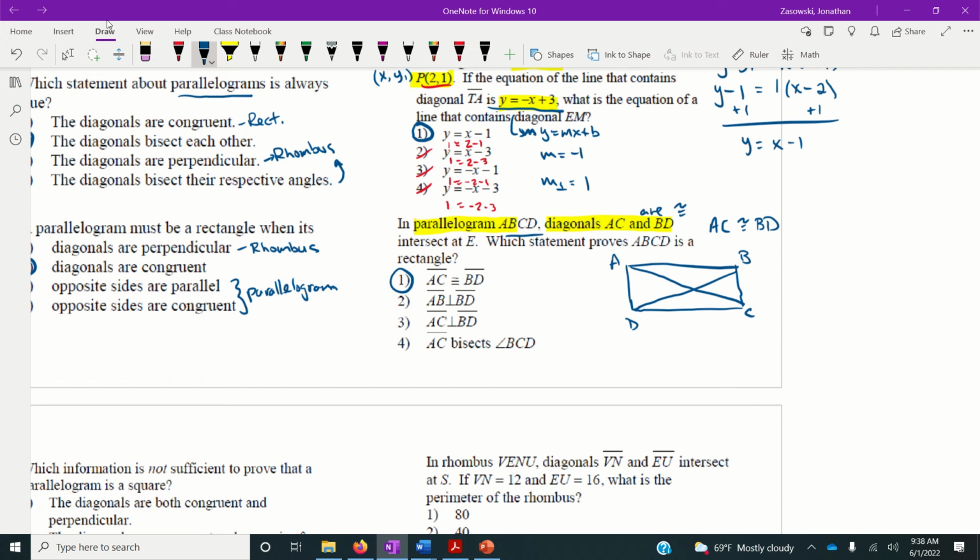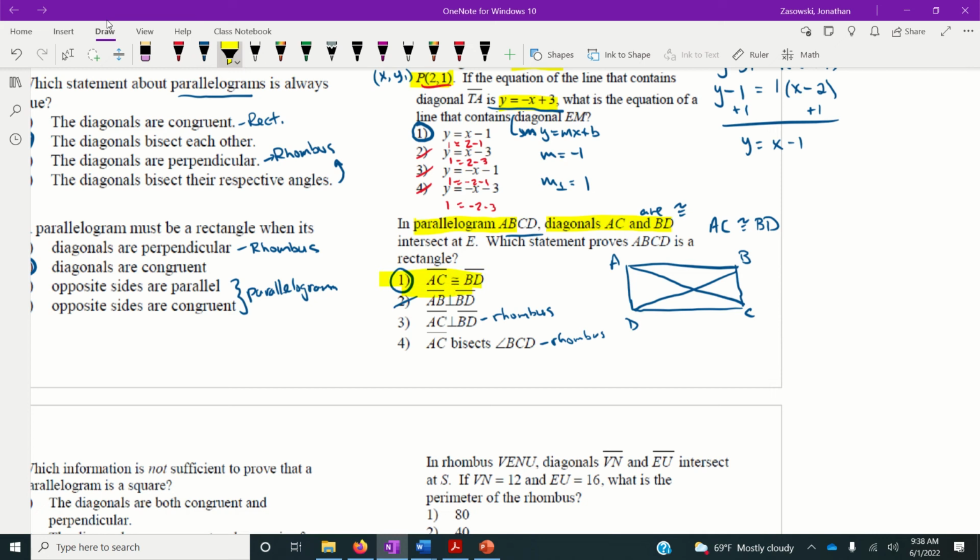If AB is this line, and BD is this line, they're not going to make 90 degrees. That'll never happen in a rectangle. AC and BD being perpendicular would make this a rhombus, and AC bisecting angle BCD would also make this a rhombus. So choice number 1 would be the most appropriate here.